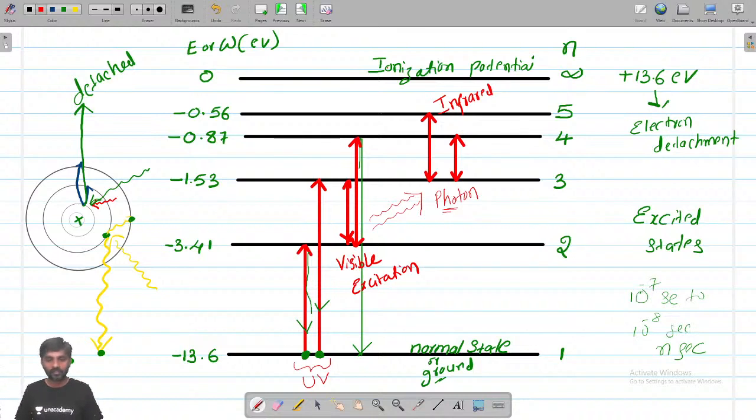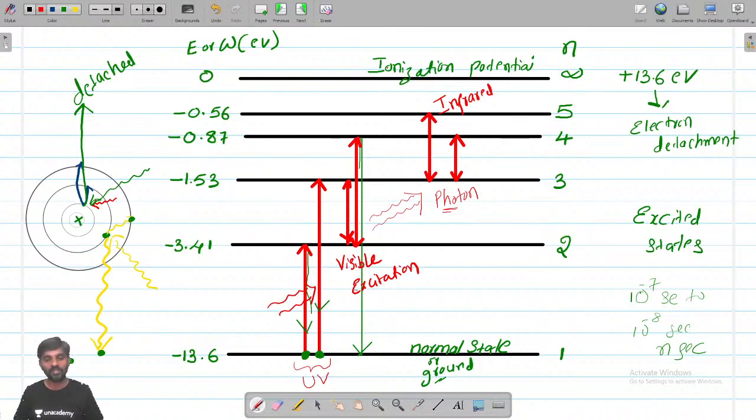So the electron which is moving from one state to a second state and coming back, or from the first state to the third state, releases energy, and we can't see that. This is UV radiation. The electron in the second level may go to the third or fourth level, and when it is coming back, it releases some photon energy, and that energy is visible to the human eye.